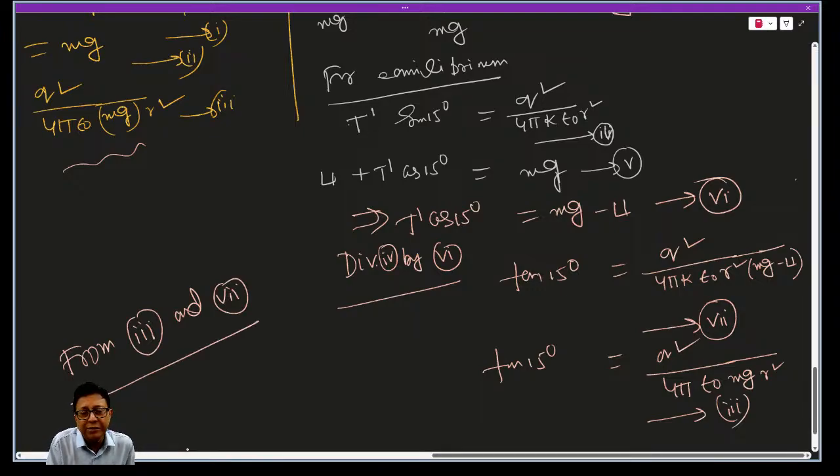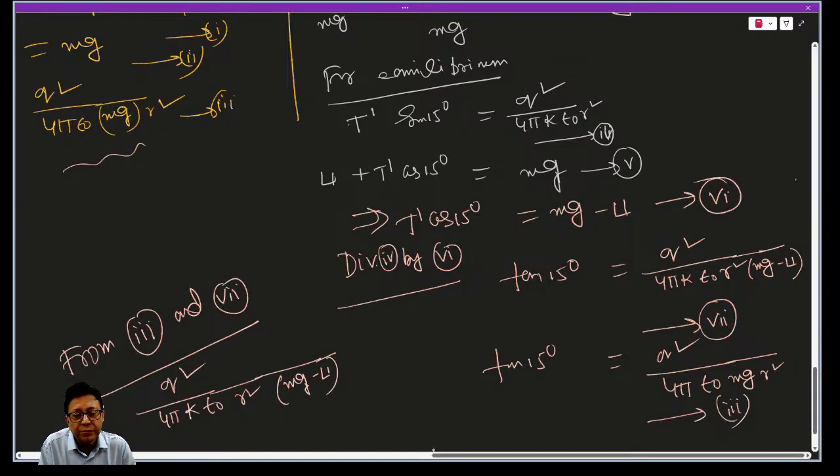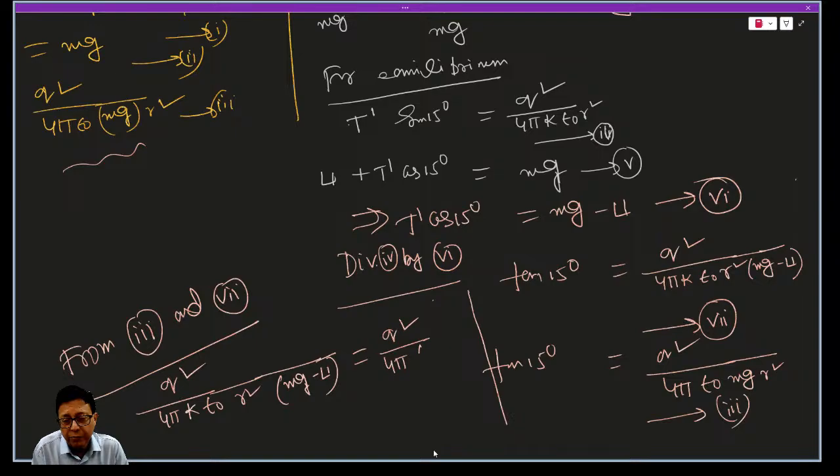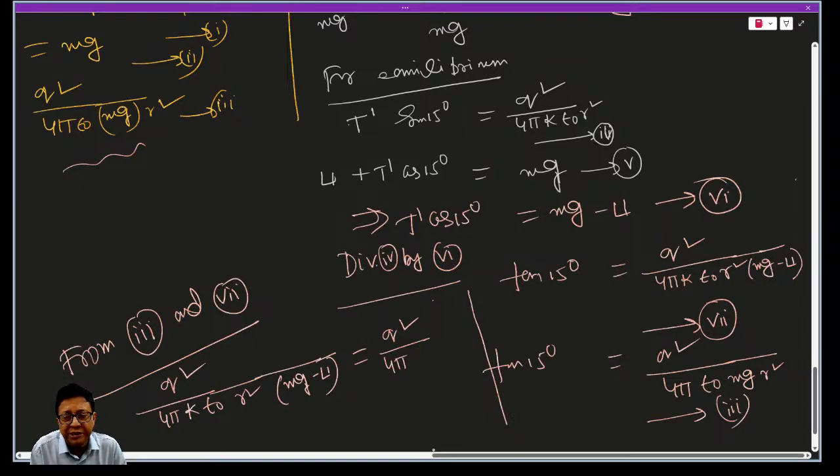You just compare 3 and 7. 4 pi k E0 r square by mg minus u equal to this thing, 4 pi E0 mg r square.